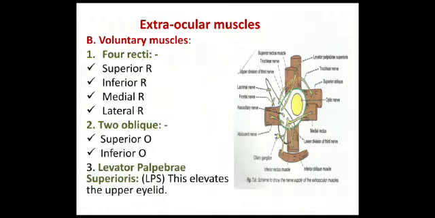So coming to the 4 recti muscles, we have the superior rectus, inferior rectus, medial rectus, and lateral rectus. The 2 obliques are superior oblique and inferior oblique, and the muscle of the eyelid is the levator palpebrae superioris. This elevates the upper eyelid.